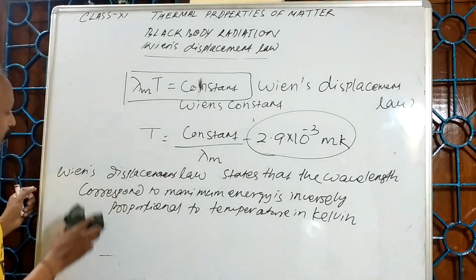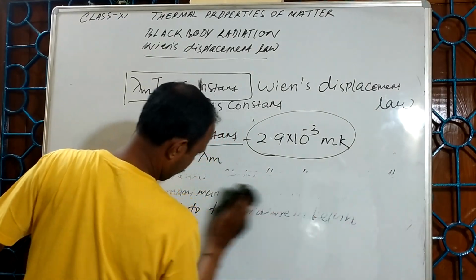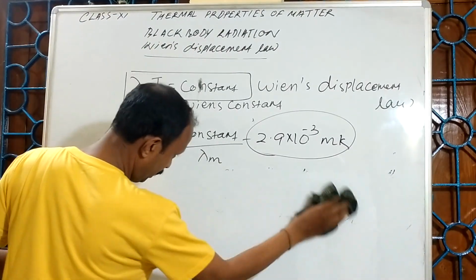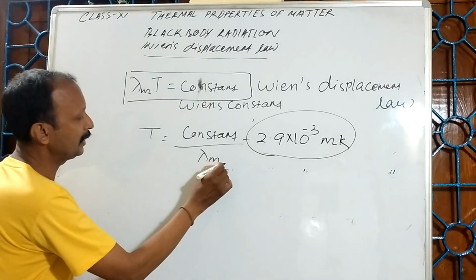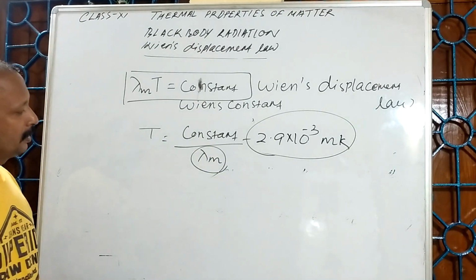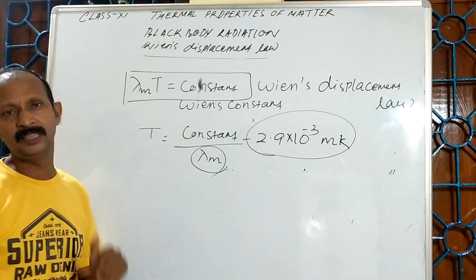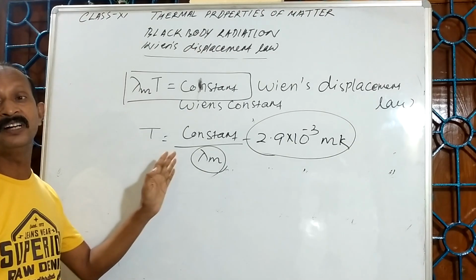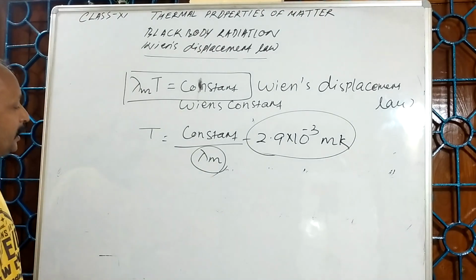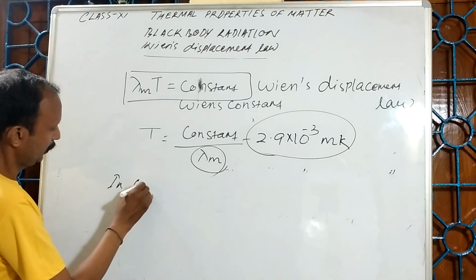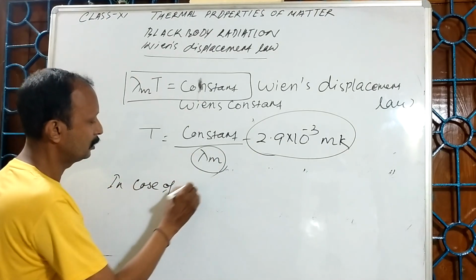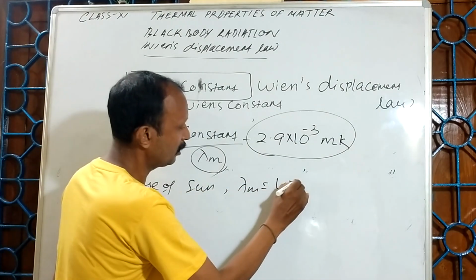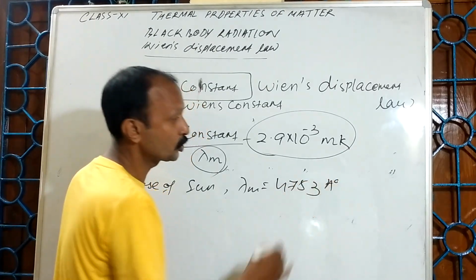Now suppose in the case of celestial bodies like the sun, if you know its lambda m, the wavelength of maximum energy, we can easily find the temperature of its surface. For example, in the case of the sun, lambda m is equal to 4753 angstrom.